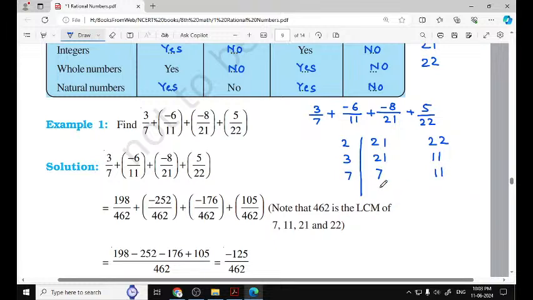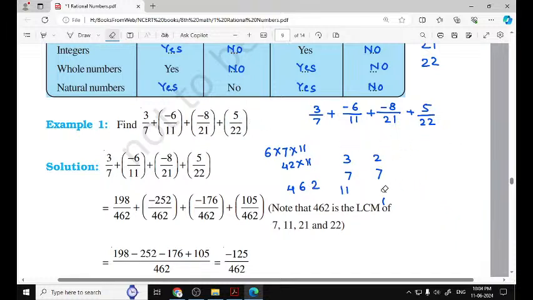Now 7, 1, 11, now 11. So we continue until we get 1 for all the numbers. Now the multiplication of these numbers is our LCM or common multiple. This is 6 into 7 into 11, that is 42 into 11. 22 carry 2, 44 plus 2 is 46. So the common multiple of all these numbers 7, 11, 21, 22 is 462.